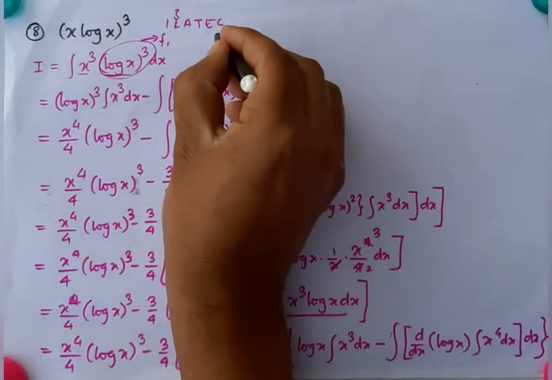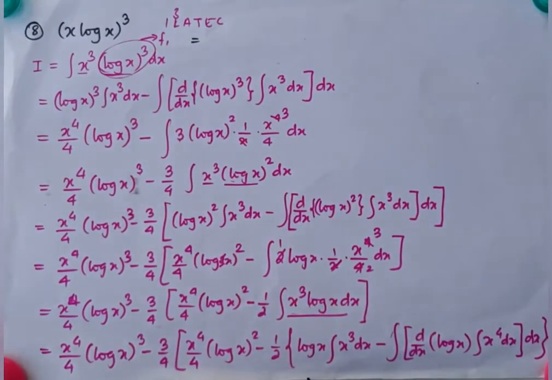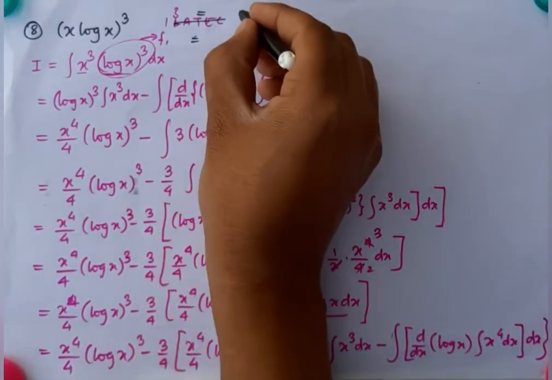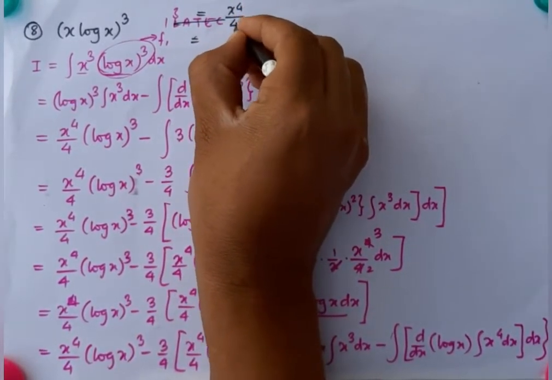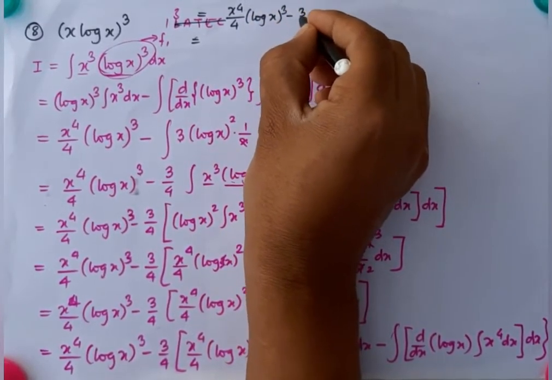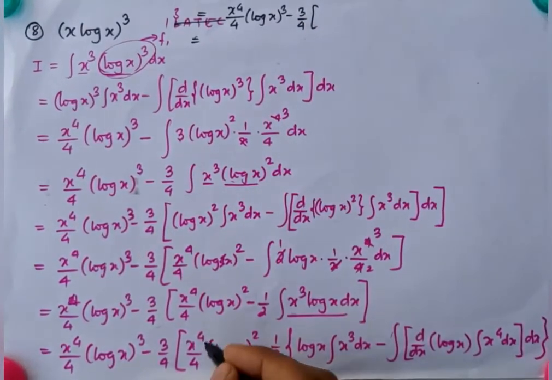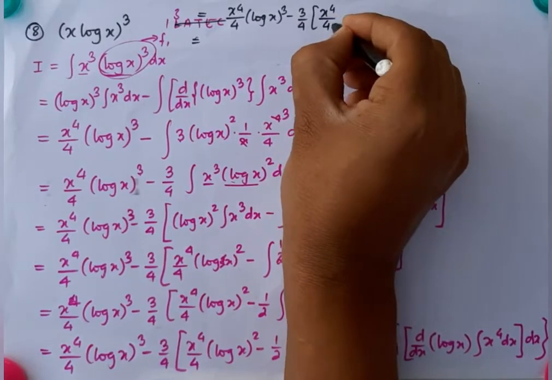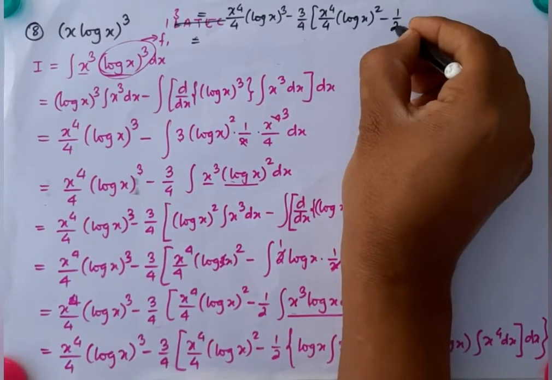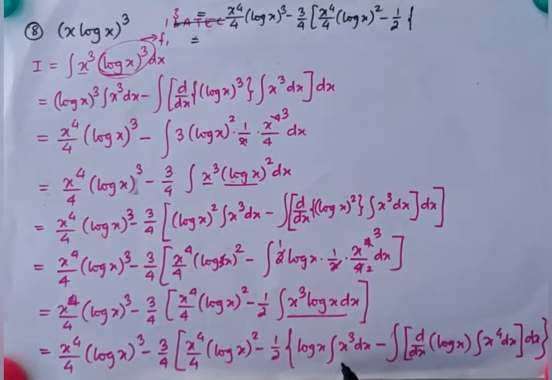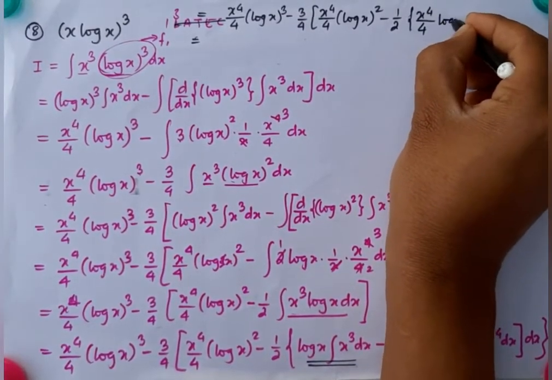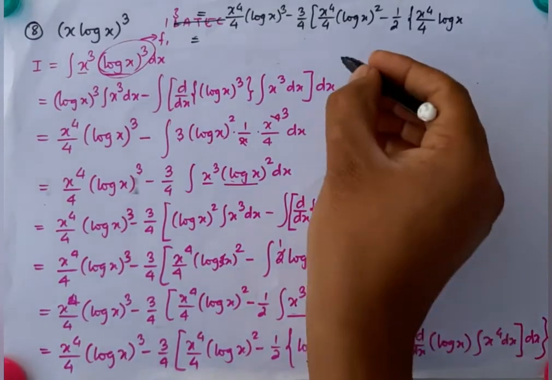From here you will write this equal to, let me write from here only: x to the power 4 by 4 log x cube minus 3 by 4, open up the bracket, x to the power 4 by 4 log x square minus half, and this one is x to the power 4 by 4 log x. Okay, fine. So I'm continuing here.